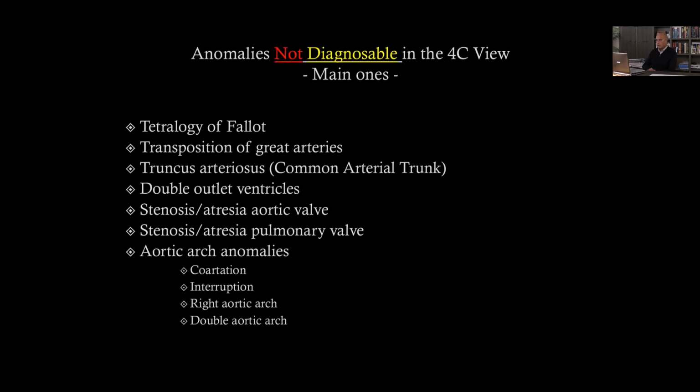The main ones that are not diagnosable in the four-chamber view are tetralogy of Fallot, transposition of the great arteries, truncus arteriosus, the double outlet ventricles, left and right, stenosis or atresia of the aortic or of the pulmonary valve, and some pathologies of the aortic arch, like coarctation, interruption, right aortic arch or double aortic arch, and so on.